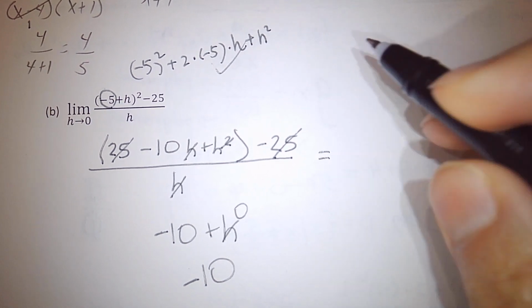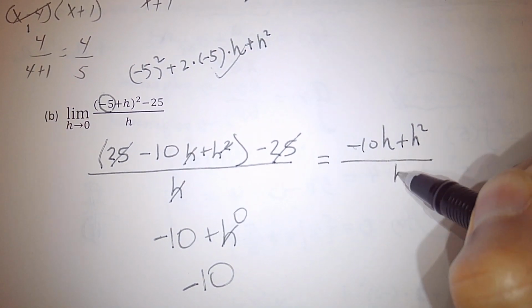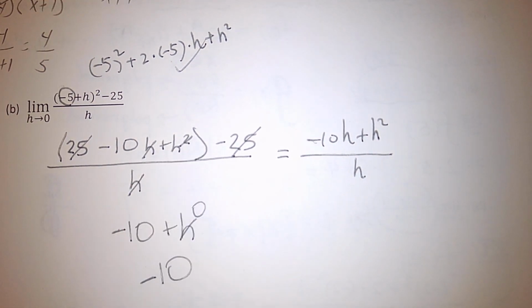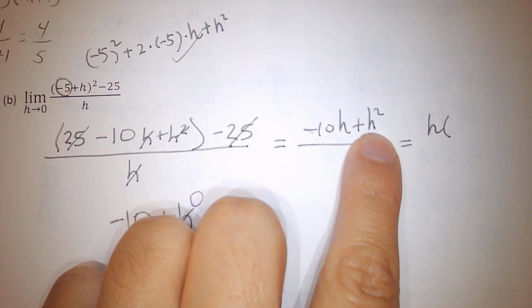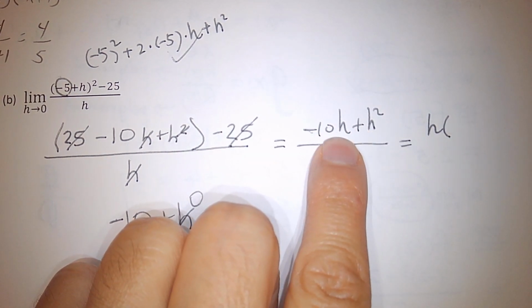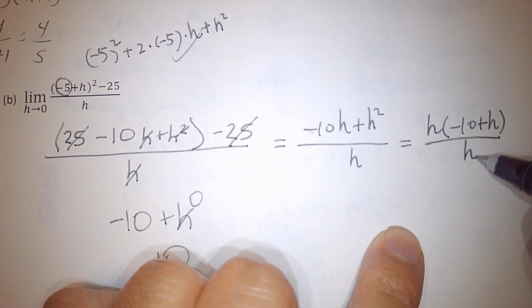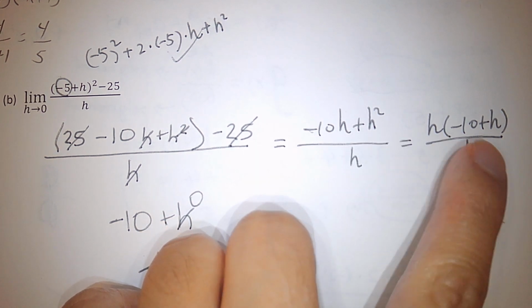So we can rewrite it like this. Hopefully this will help you guys see better. Okay, so from negative 10h plus h squared over h, because every term from the top has a factor h, we factor the h out, giving us negative 10 plus h, right?